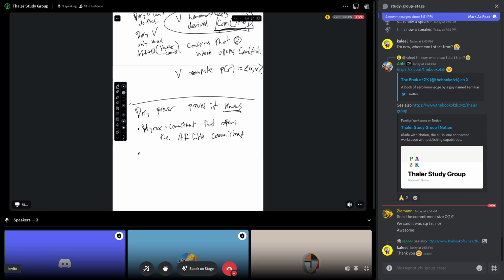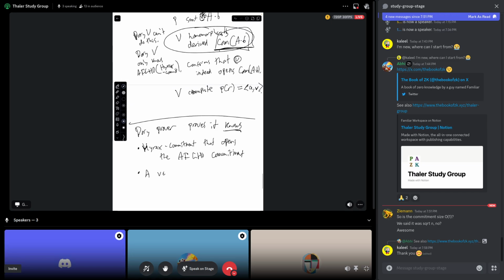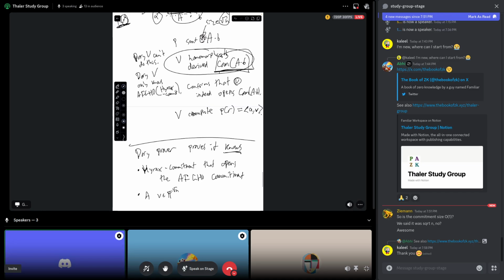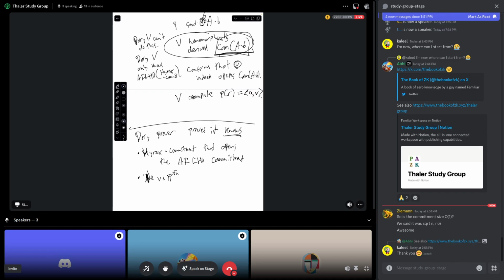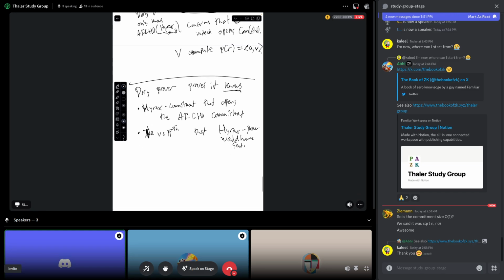And then it's also going to prove that it knows a vector v in the field to the number of rows, which is root n, the vector v that the Hyrax prover would have sent. And moreover, that the inner product of a with that particular v that it knows equals the claimed evaluation.